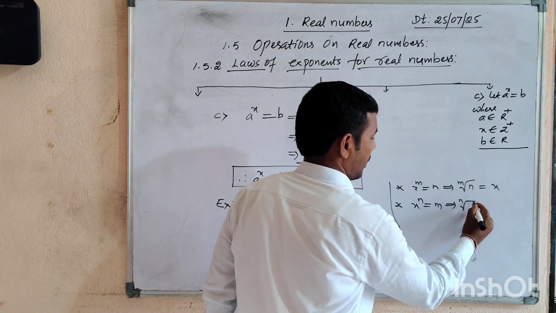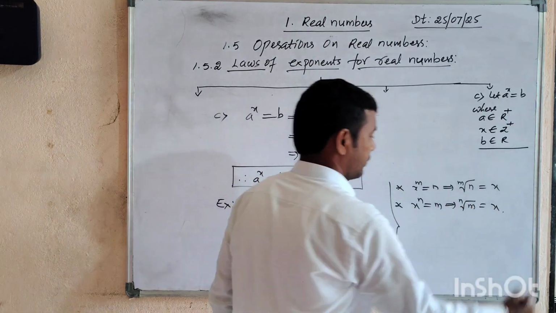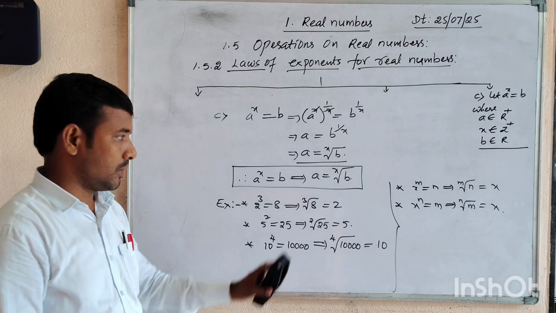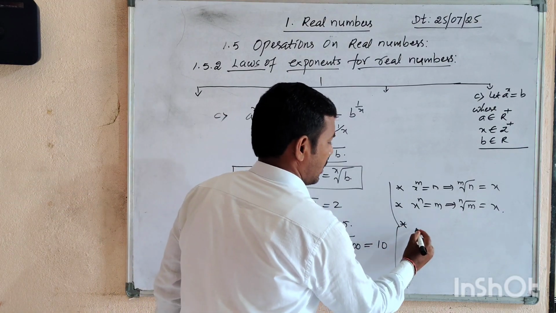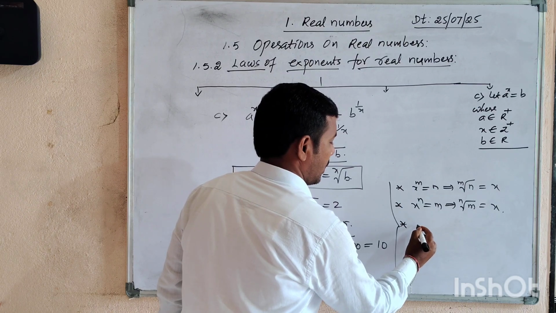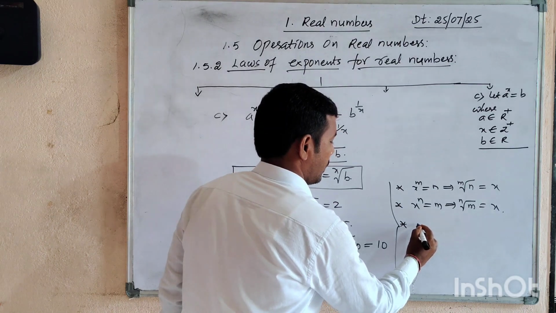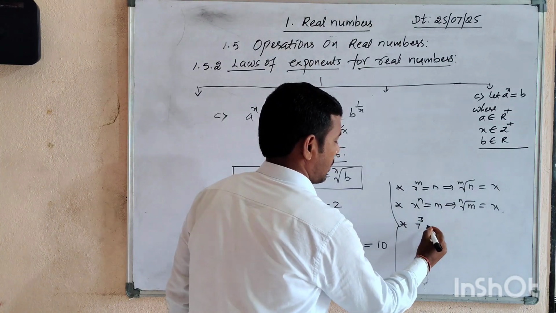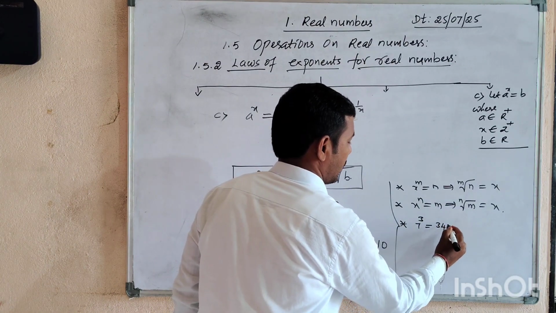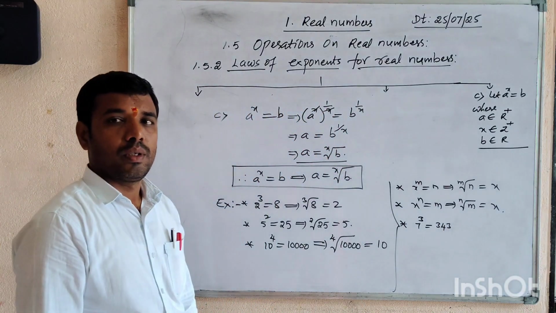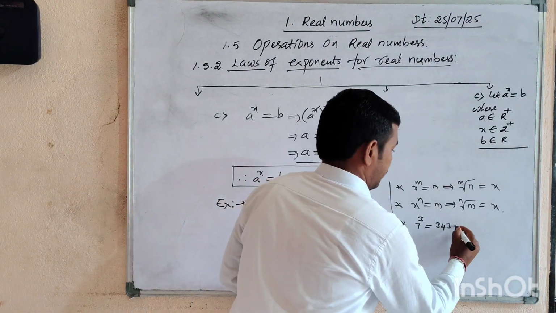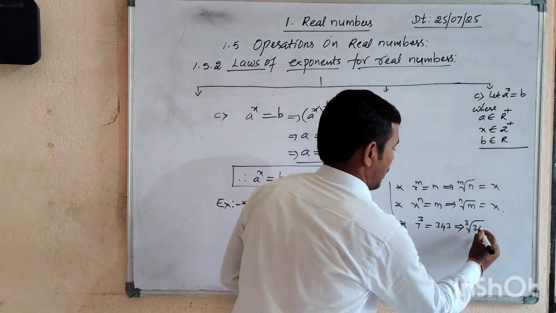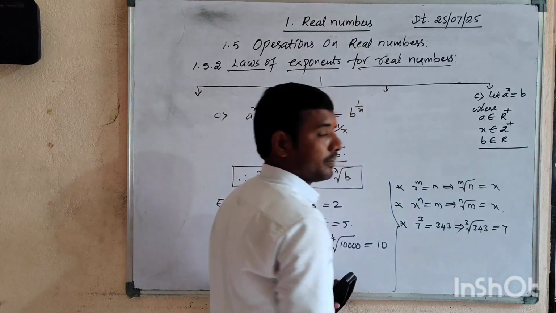Nth root of m is equal to x. I am confusing you by taking different questions. One more question. 7 to the power of 3 is equal to 343. So next, cube root of 343, answer is 7.